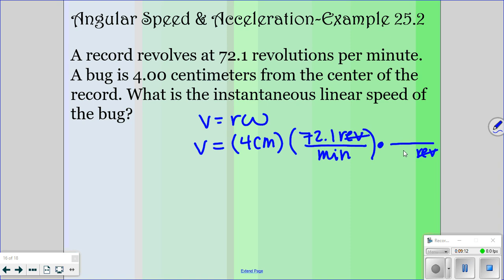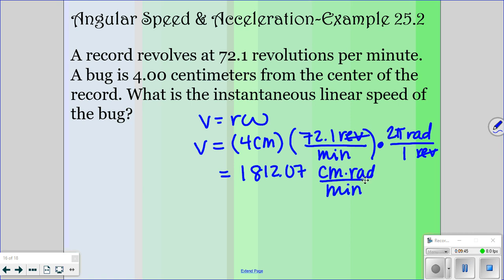And the way that you can make it cancel, one revolution, one rotation about your circle, is the same thing as 2 pi radians. And so if you multiply your numbers, you get 1,812.07, and your units are centimeters times radians over minute.